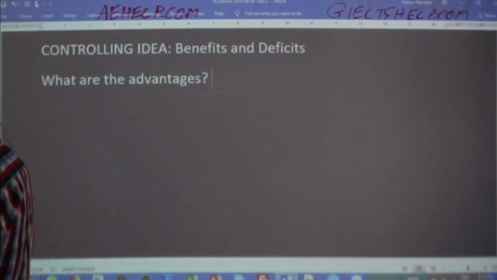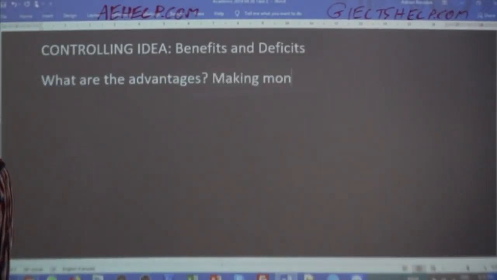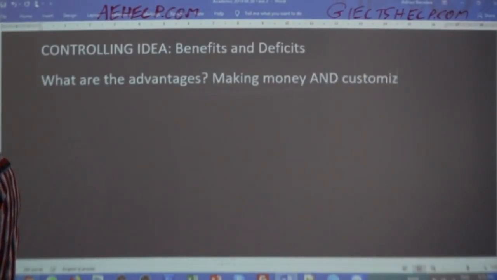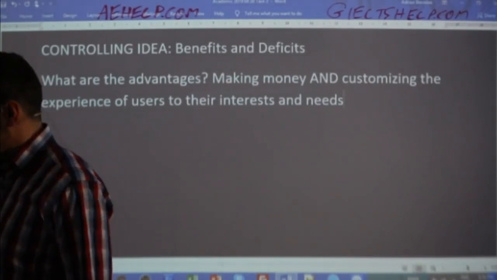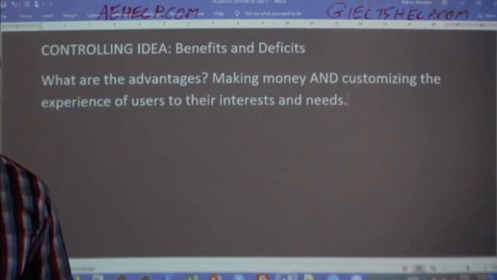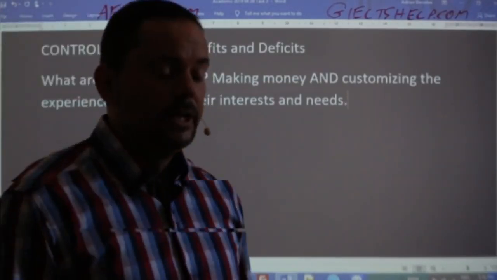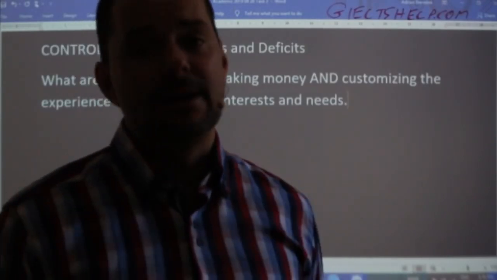So what are the advantages? Making money, but even more is customizing the experience of users to their interests and needs, right? So their wants and needs. Absolutely. I don't know how many of you this has happened to, but Google or Netflix, for example, is a good one.